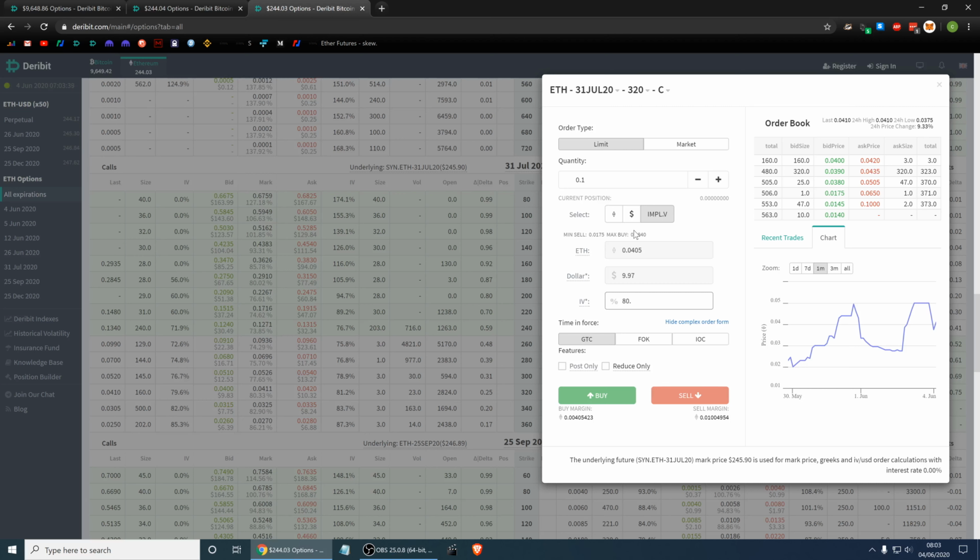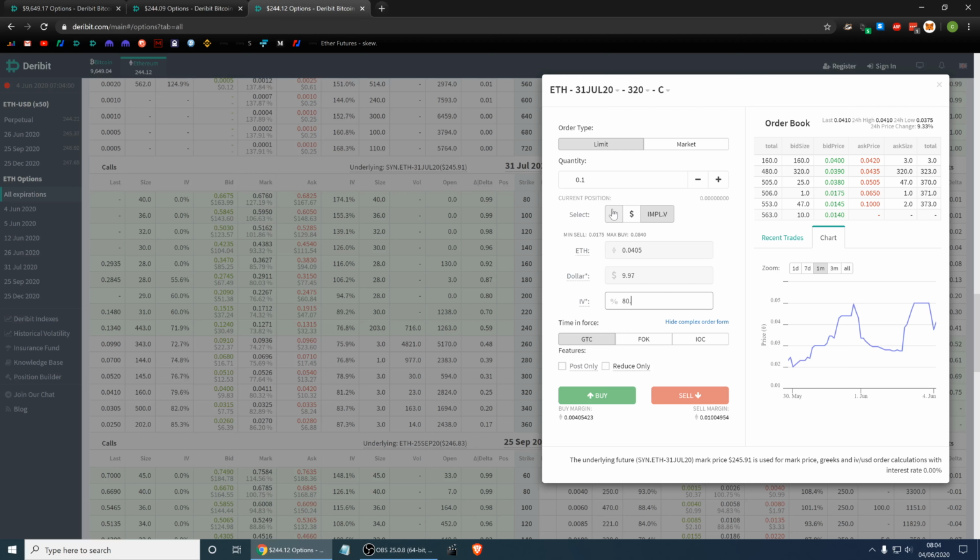Now this process can sometimes take a while, so if you are in a rush, you need to probably be more aggressive with the price. But my understanding from my kind of DIY at home reverse engineering is that it's not a completely automated bot that gives you these rather decent fills.